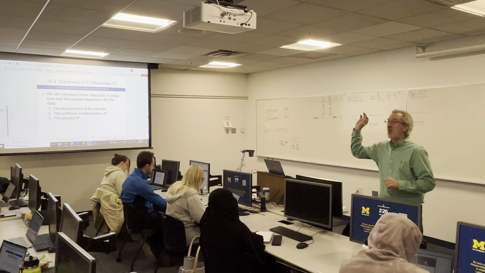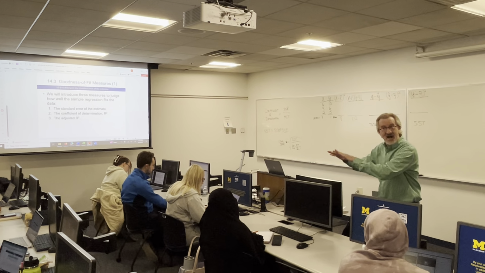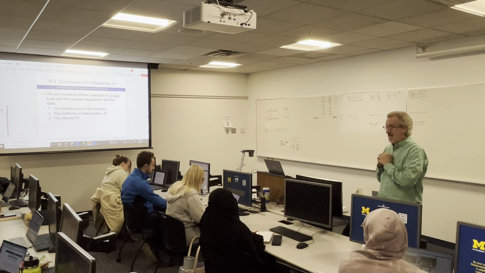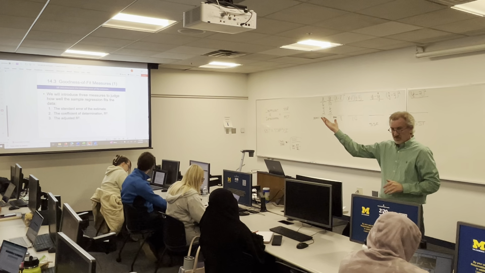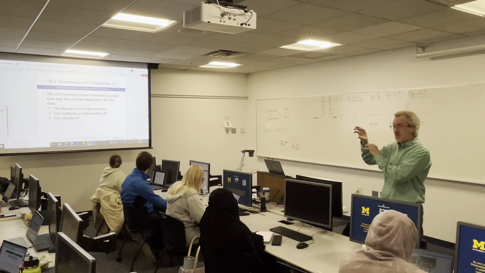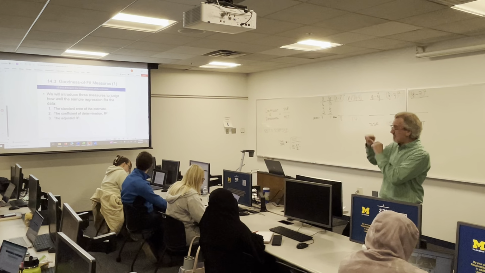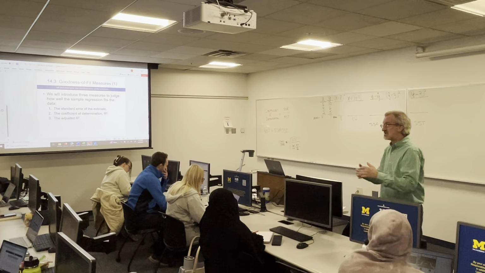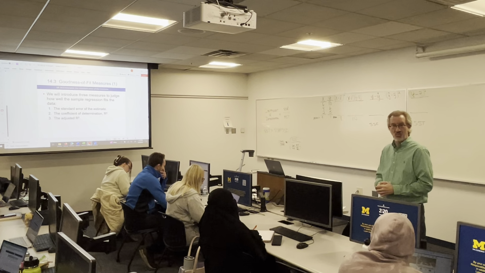Whichever one makes it more clear which model fits better, that's the one you want to use. Did everybody hear that? 1 or 2, you're going to use one of those 2 because the 2 models have the same number of explanatory variables, and you're trying to decide which one to use. Whichever one is more clear, telling you which model is better.